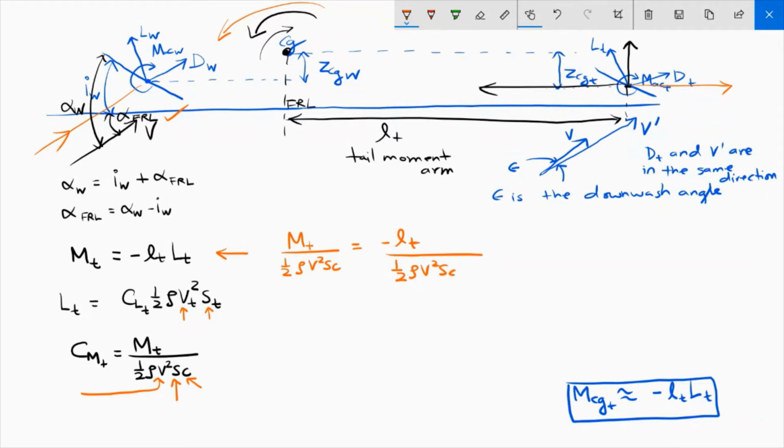And instead of LT, I'm going to write CLT half rho VT square ST. So this is equal to minus LT ST divided by SC, half rho Vt square divided by half rho V square, times CLT.